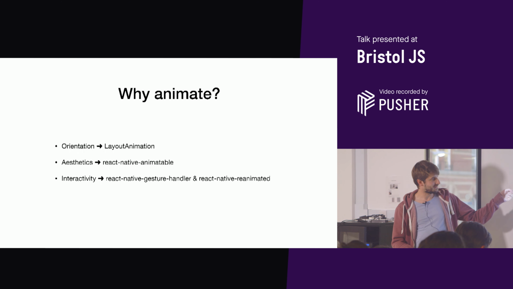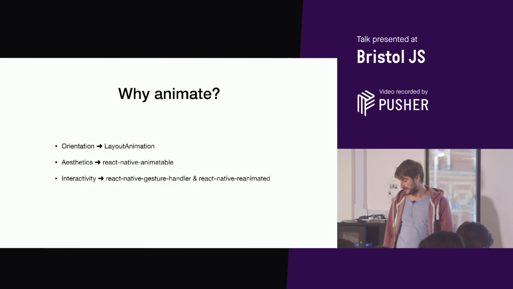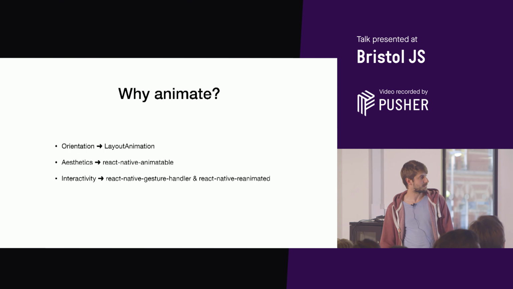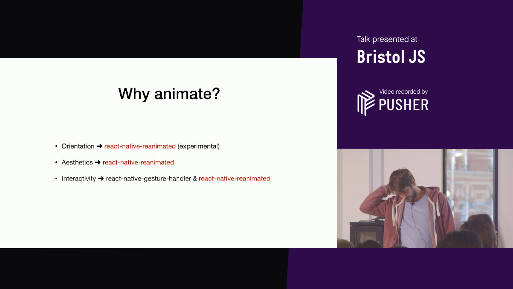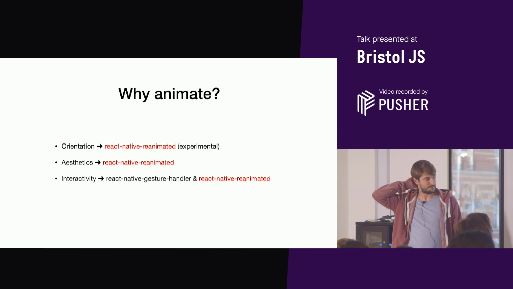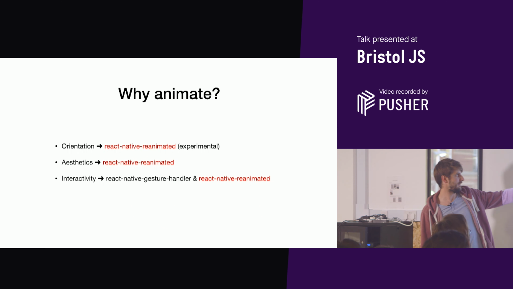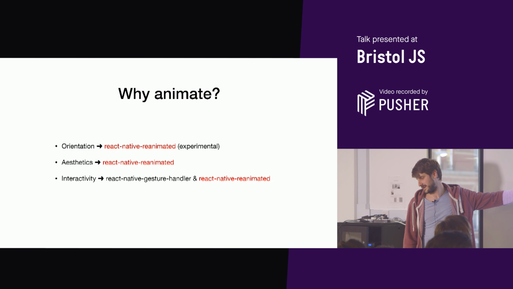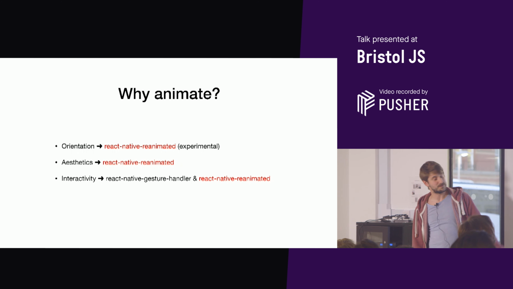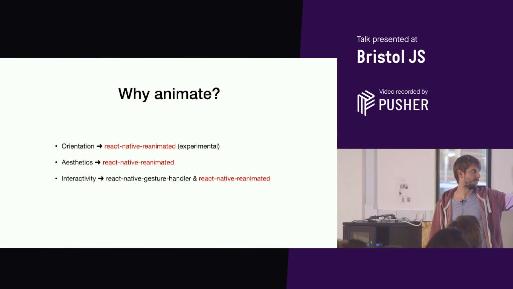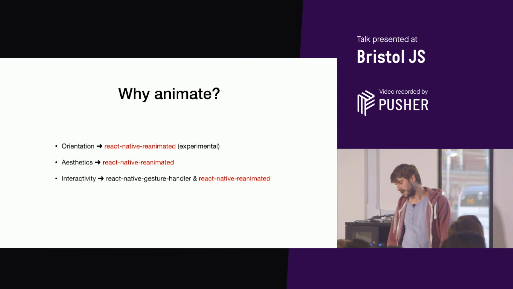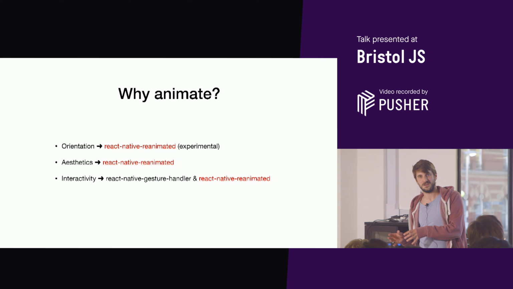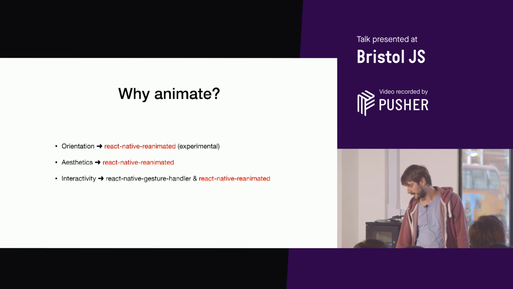If you want to do some basic aesthetic stuff, react-native-animatable is great, and gesture handler and reanimated are really good for the interactive stuff. react-native-reanimated has an experimental thing that does this, and anything you can describe using react-native-animatable can be described as react-native-reanimated components. So if you want to do any animation and you've got the time to learn it, react-native-reanimated is definitely worth learning.